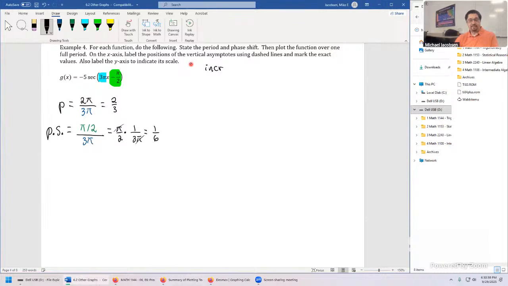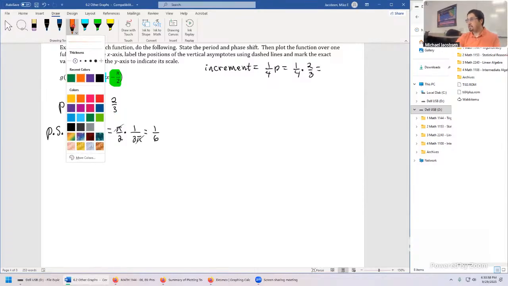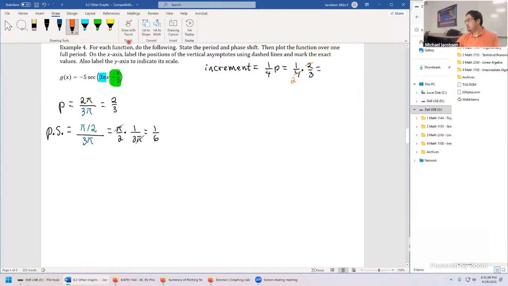Increment is what we've been calling it, for the sake of parallelism and maintaining that pattern. Let's continue to do so. 1/4 of the period. Look up for the period, that one was 2/3. This also reduces a bit. This becomes 1/6, which is kind of nice. It's compatible with the phase shift. So the increment is 1/6.